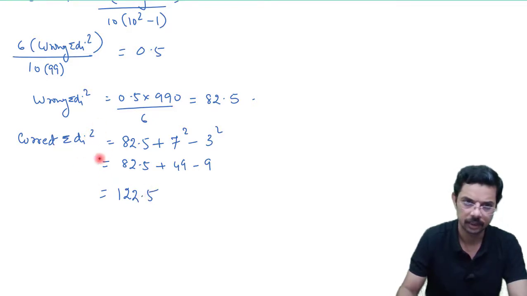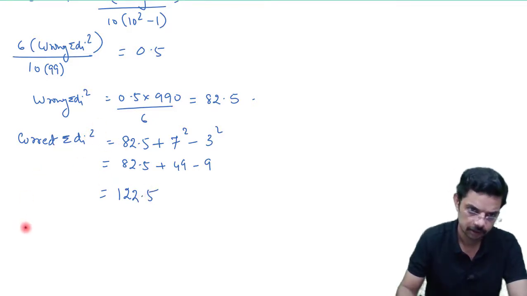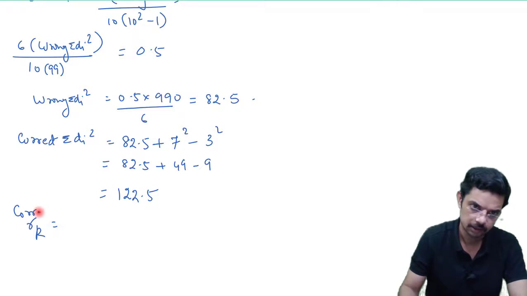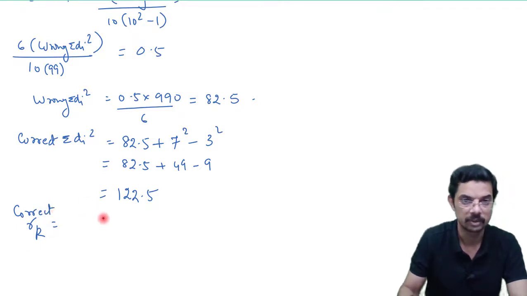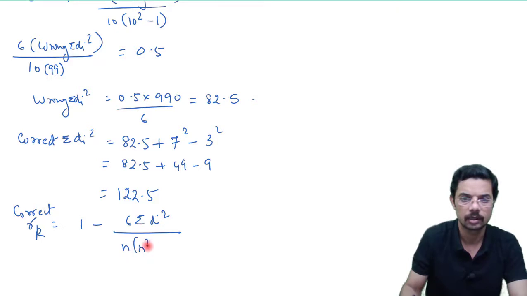This is the correct sigma di square. So the correct value of rank correlation R will be equal to 1 minus 6 into sigma di square. This di square is the correct one, divided by n into n square minus 1.